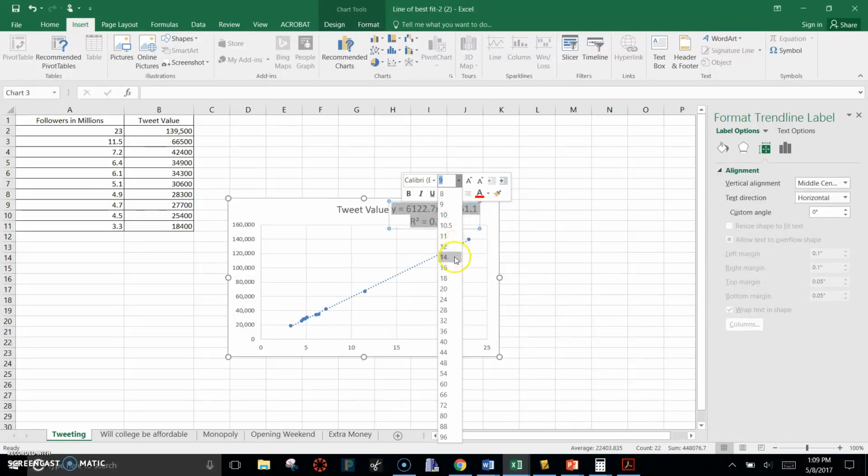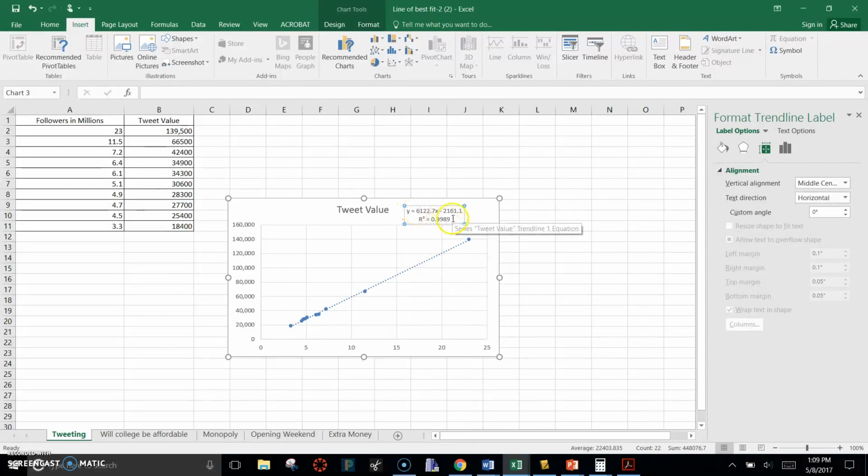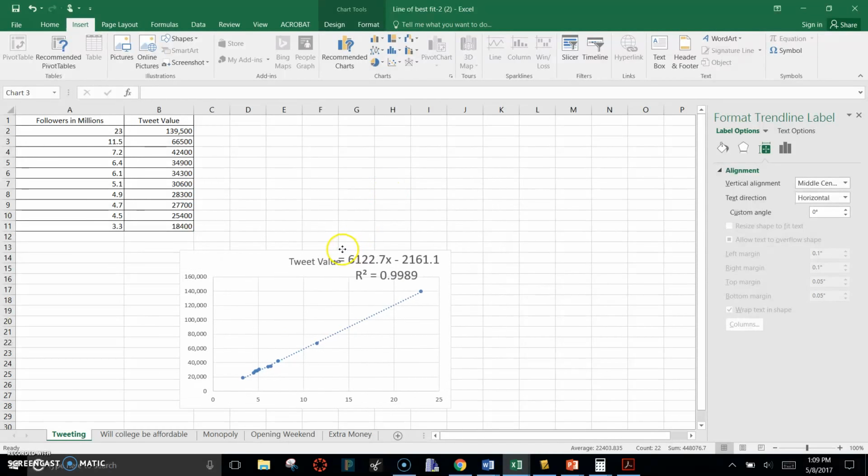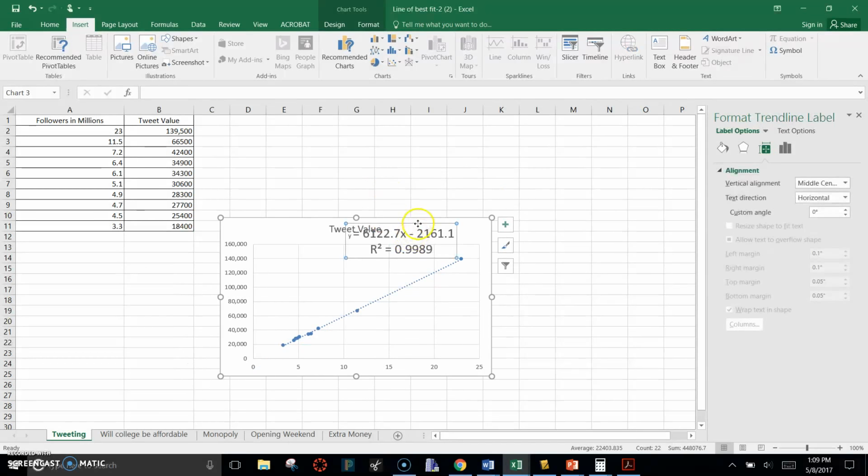So let me make that just a little bit larger so it's a little bit easier to read. Whoops. Nope, one more time, third time's the charm. So now we have this equation. And when you look at this equation, a couple things you want to look for. This R squared value.